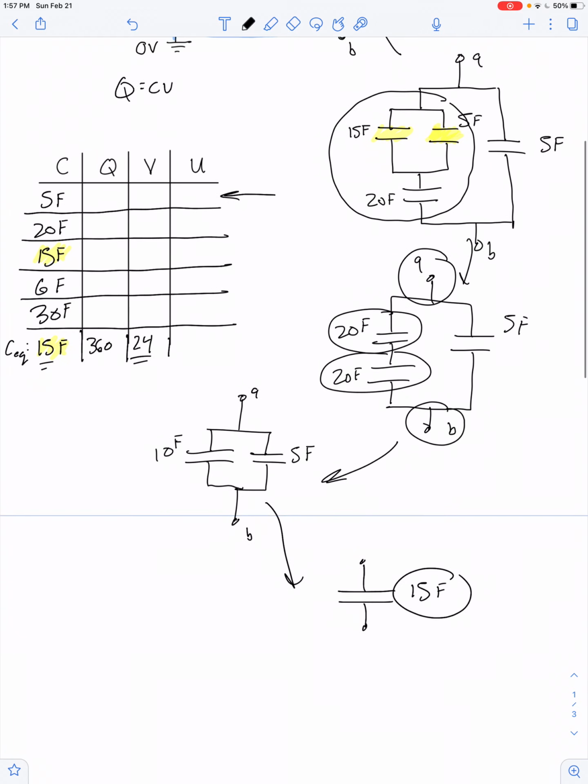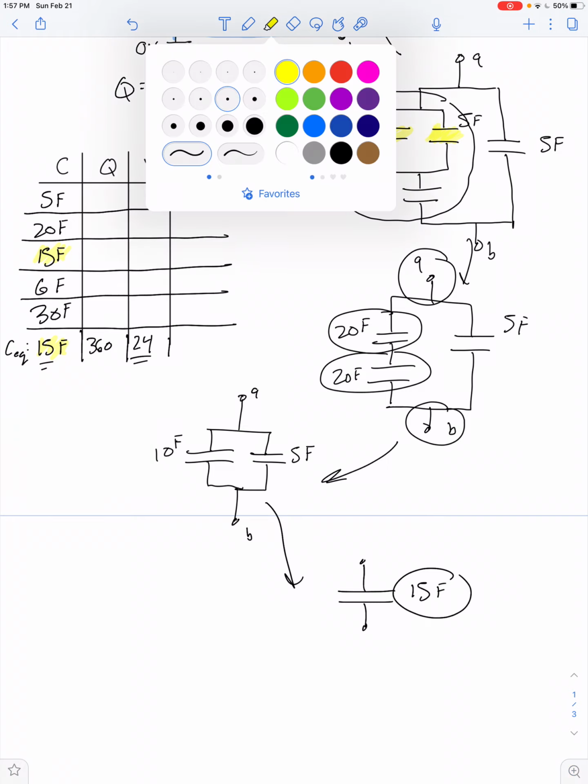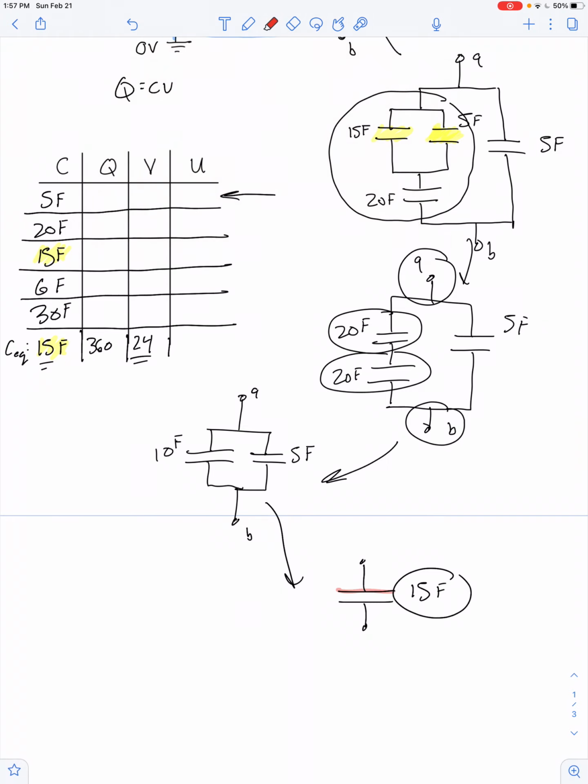So where's that 360 coulombs? That's the positive charge all spread out on this plate. So if we go back to the previous diagram, that means 360 coulombs is divided up a little bit on this plate and a little bit on this plate. So if this voltage is 24 volts, right, the potential at point A and the electric potential at point B differ by 24 volts.